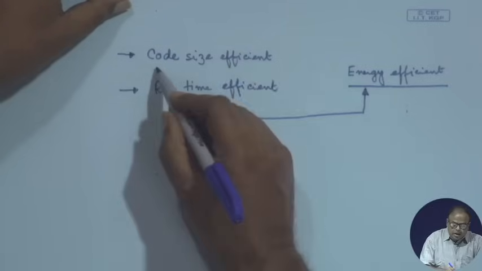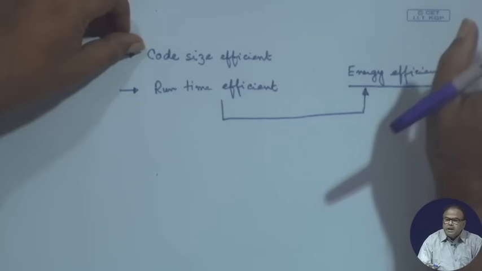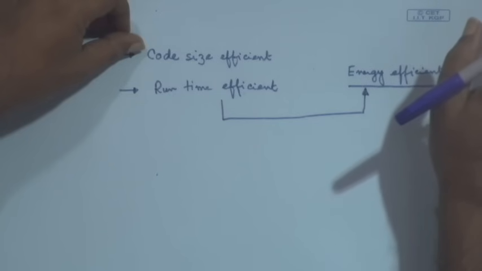Similarly, there are independent reasons, besides power, of making embedded software code size efficient. The reason is that if the code size is less, then we need less memory to store it.